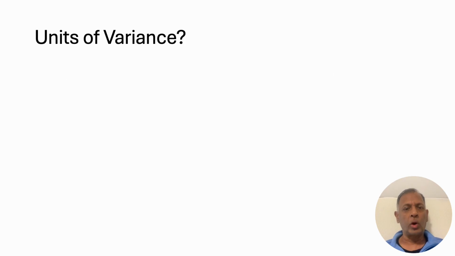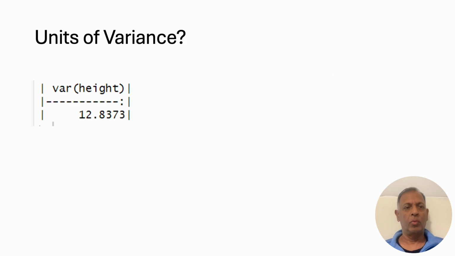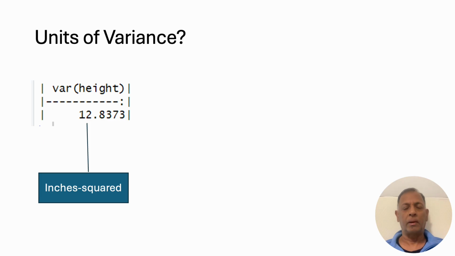Okay, so what are the units of variance? Well, since we are squaring the numbers, right? If you recall, when we calculated the variance by hand, we found the differences, squared them, took the average and divided by 2.